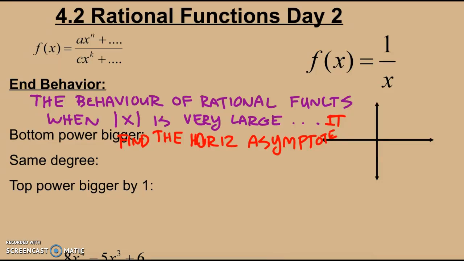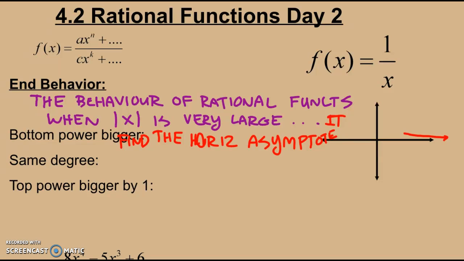Really small. It's getting really close to 0, but it's never going to get to 0, is it? No. So as x goes to 1 million, it's going to be going to 0 and 0, but it's never going to get there. You know what it's called when stuff goes really close but never crosses and gets there? That's called an asymptote. Yes. All right, so it's looking like there's a horizontal asymptote.